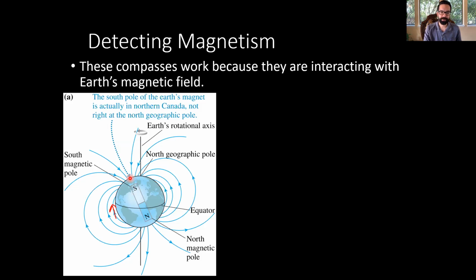And then if you do a little bit of digging, you'll come across this idea that this magnetic field, this magnet in the Earth, can flip, and it has flipped in the past, and we can see that from geology. There is evidence of this magnet flipping directions and flipping kind of rapidly.